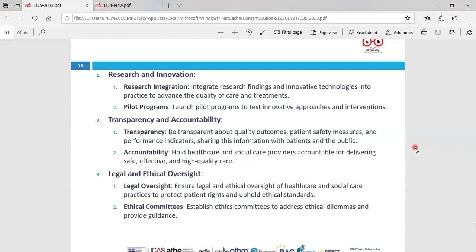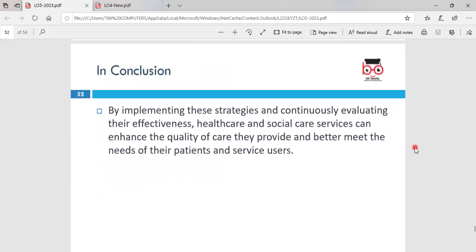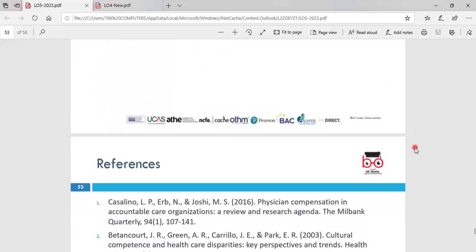Legal and ethical oversight is very important because you'll have these to protect patient rights and uphold ethical standards. Ethical committees, as I said, should be there as a separate body to deal with ethical considerations. If you implement these strategies on a continuous basis, you can hope to improve the quality of care that you provide to your patients and service users.